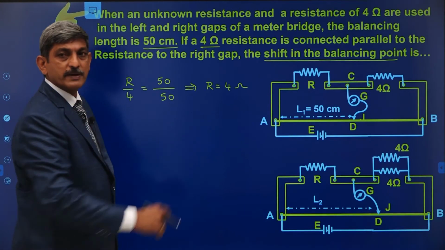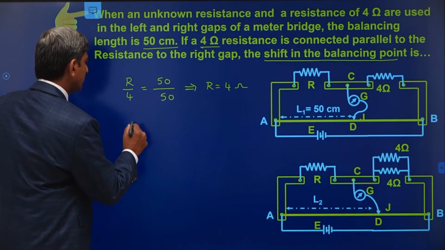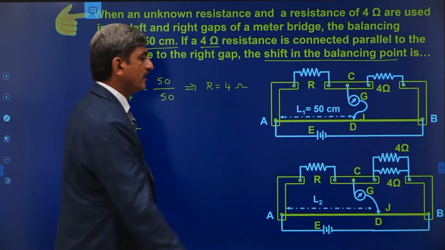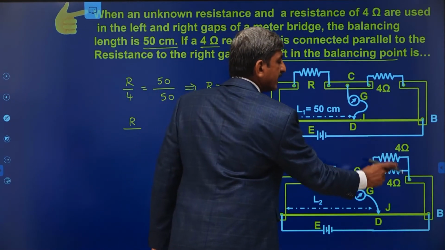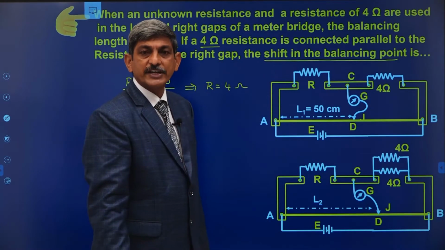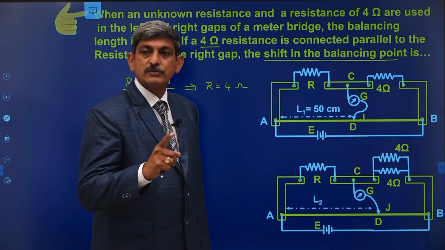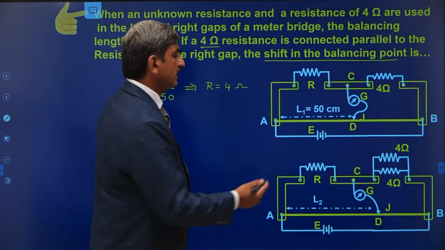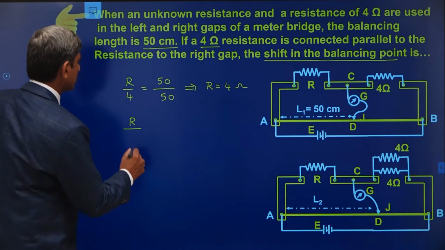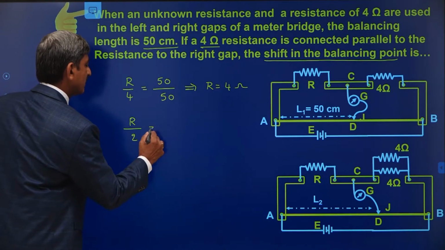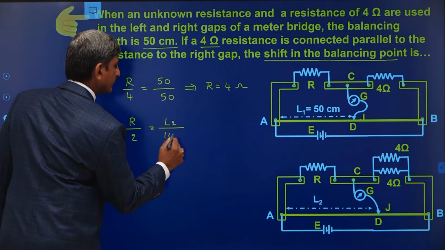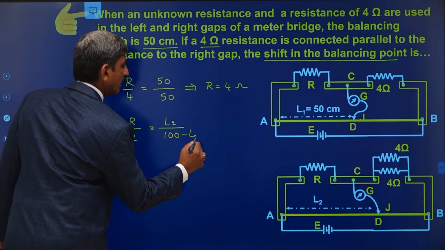Again, for that I am going to apply the balancing condition, that is the resistance in the left gap R divided by what is the resistance in the right gap? 4 ohms and 4 ohms are in parallel, so that the effective resistance is R1 R2 divided by R1 plus R2. It means 4 into 4 divided by 4 plus 4 gives 2 ohms, is equal to L2 divided by 100 minus L2.